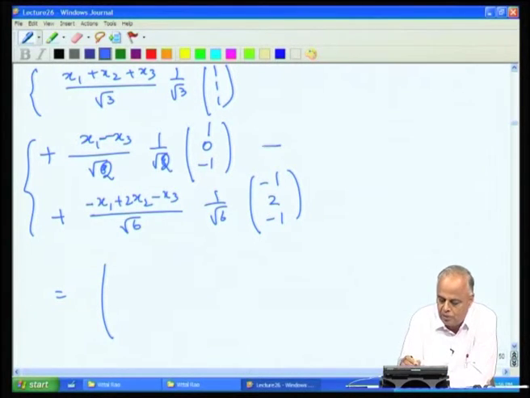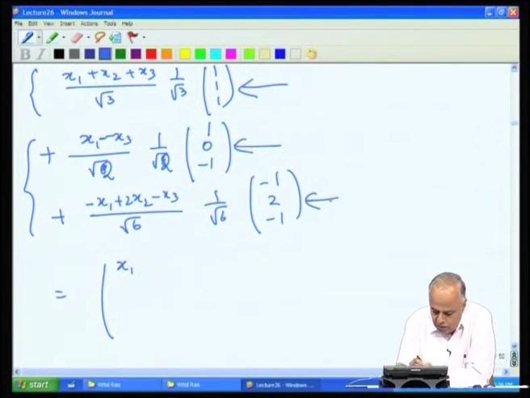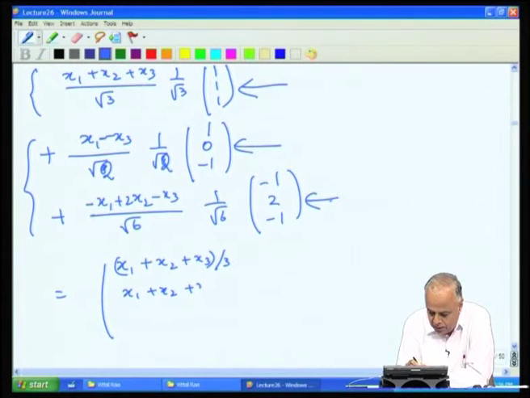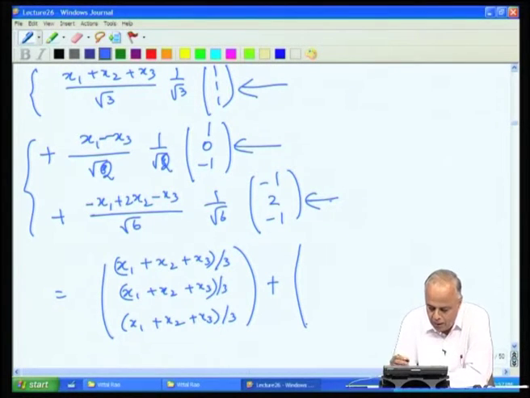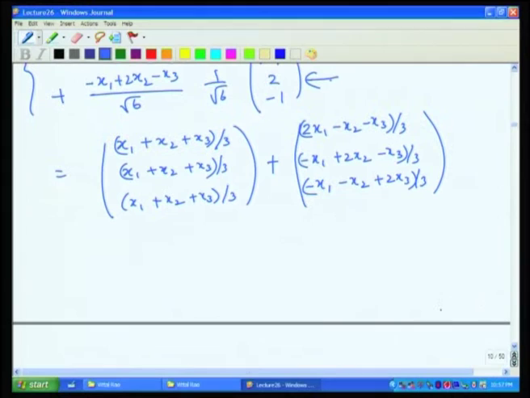Since psi 1 and psi 2 belong to W perp, this linear combination will belong to W perp, and since phi 1 belongs to W, that part will belong to W. So, we will just write it as (x 1 plus x 2 plus x 3) by 3, (x 1 plus x 2 plus x 3) by 3, (x 1 plus x 2 plus x 3) by 3, plus, if we now simplify the other part, you are going to get (2 x 1 minus x 2 minus x 3) by 3, (minus x 1 plus 2 x 2 minus x 3) by 3 and (minus x 1 minus x 2 plus 2 x 3) by 3, and when you add you get equal to x.